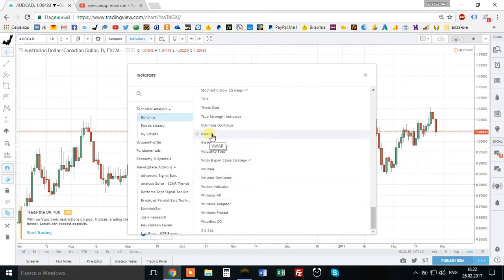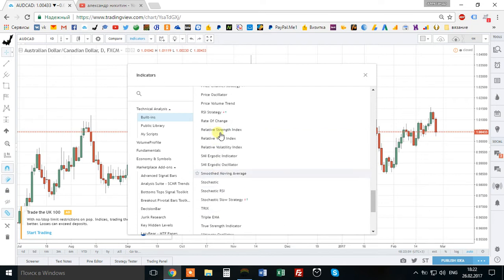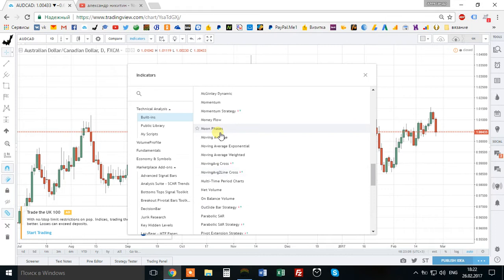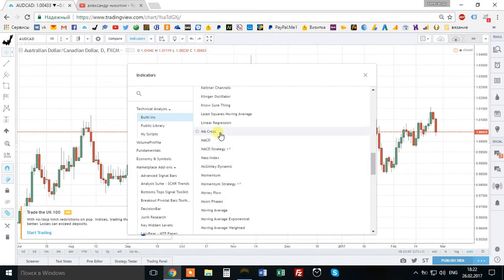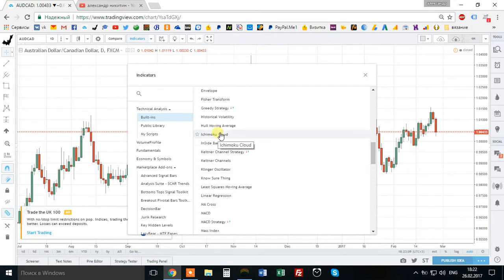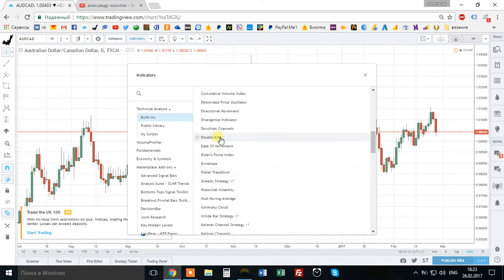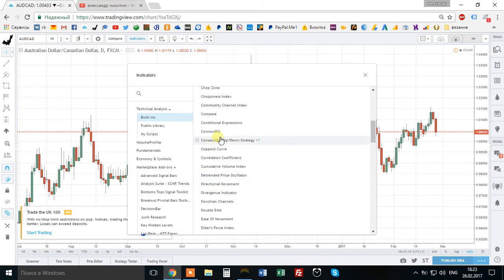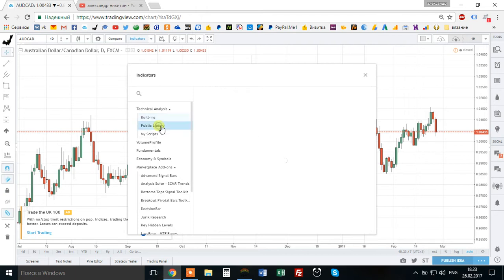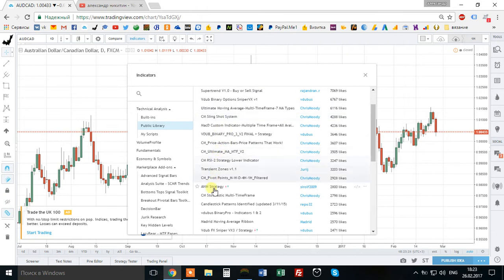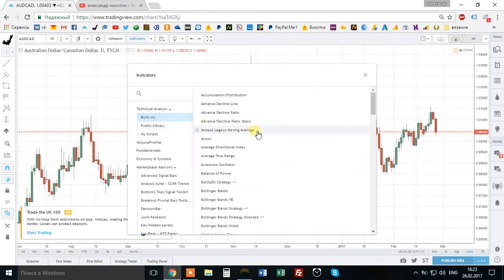We should have F. Fractals. It takes time. Fisher transform. What is it? Okay, I don't know where the fractals are.